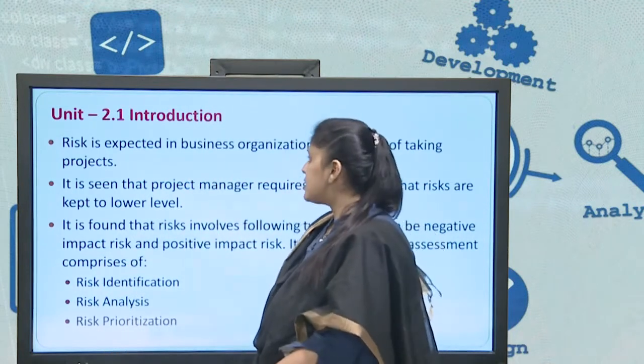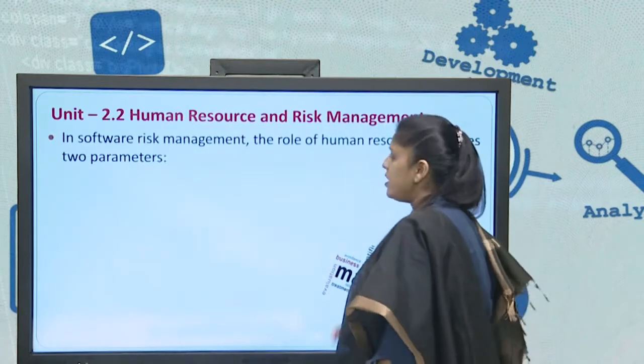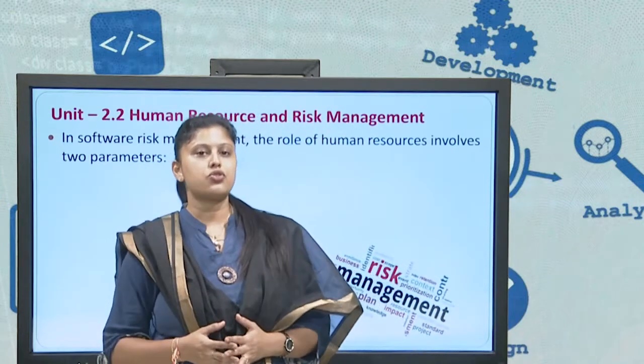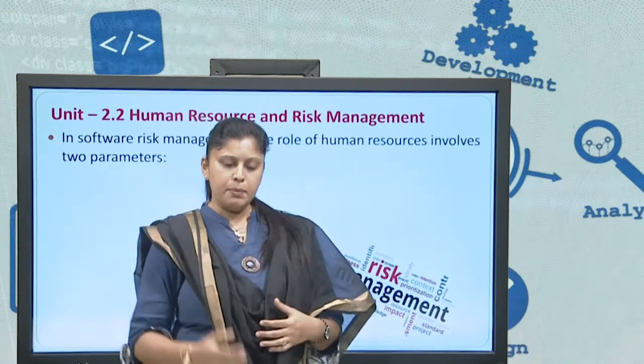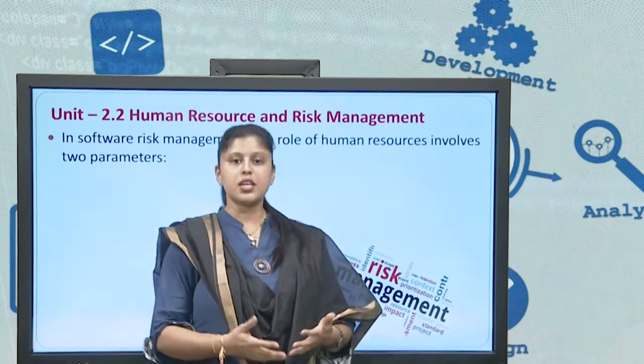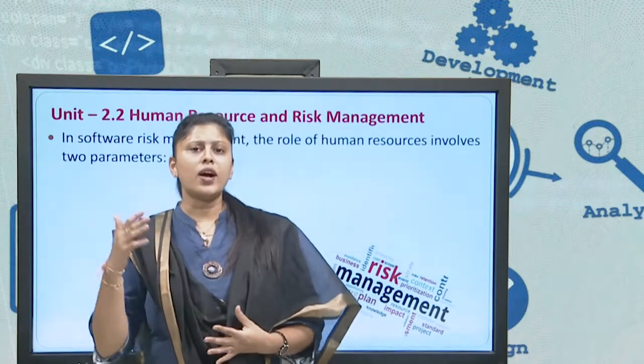Now let us see the second topic, which is human resource and risk management. When you talk about human resource, we generally think of people working in the company who are recruiting for the company, and those people who are working with our software.